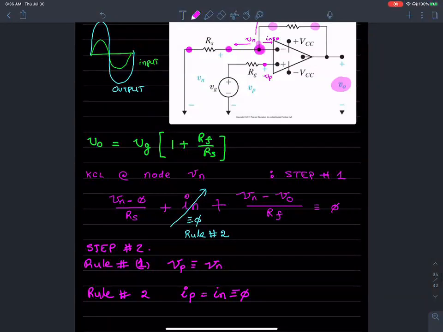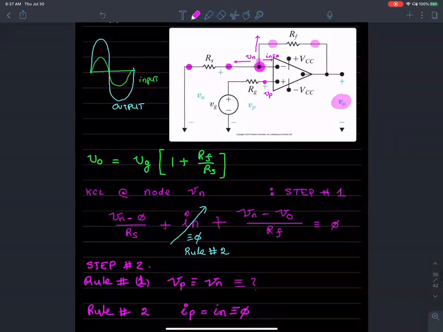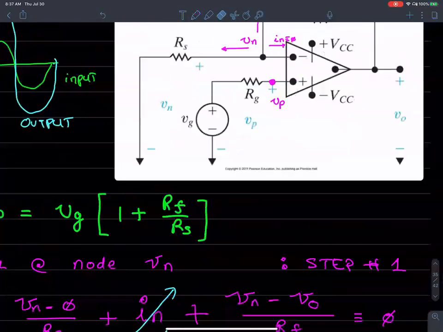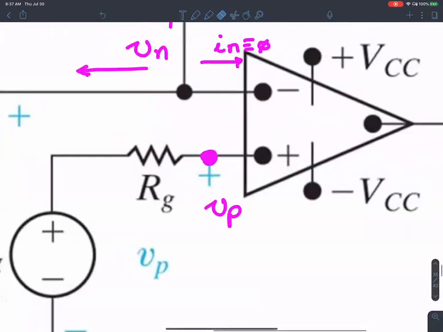Yes. Thank you. Now, how about Vp? How do you find a value for Vp or Vn? Won't we need to find the voltage drop across RG? Yes, we want to find the voltage drop across Rg, which would be Rg times I positive, the amount of current going through this resistance, correct?